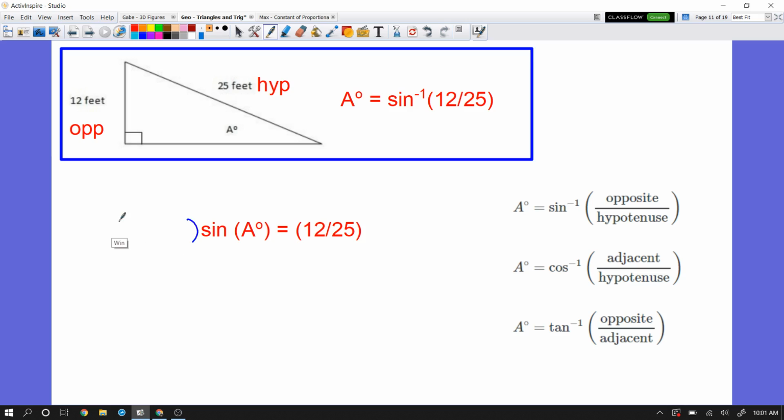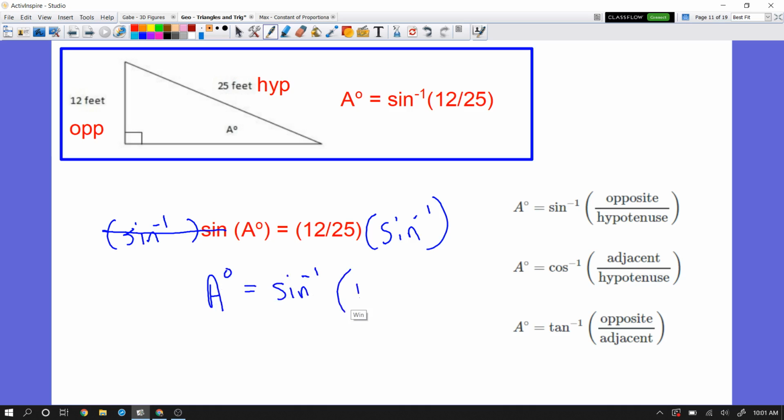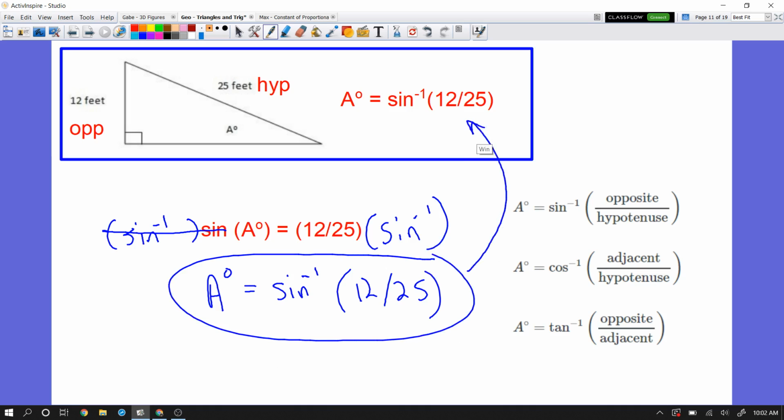We're going to multiply both sides by the inverse. And this is how you end up getting the inverse sine, inverse tangent, inverse cosine. That'll get rid of sine, and then we have angle A is equal to the inverse sine of 12 over 25. That'll tell you what your angle is going to equal.